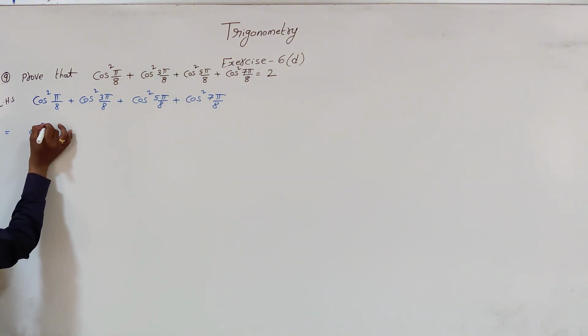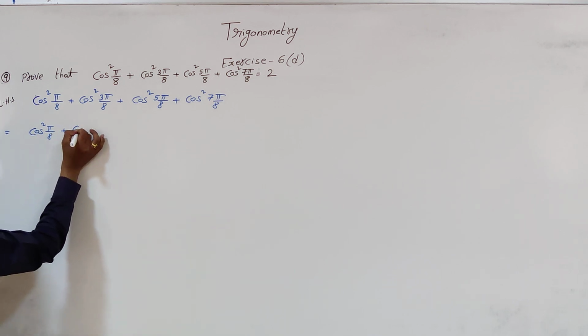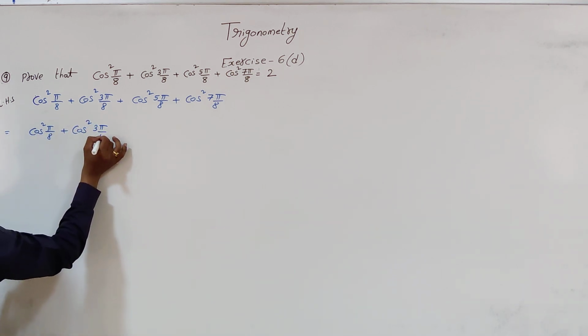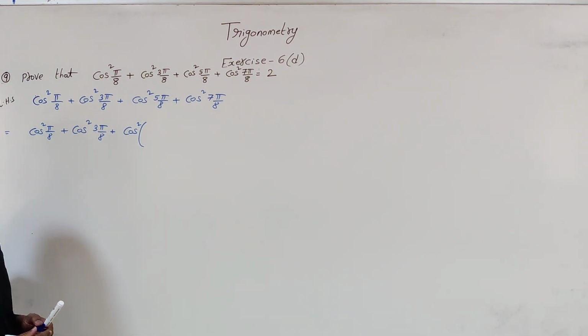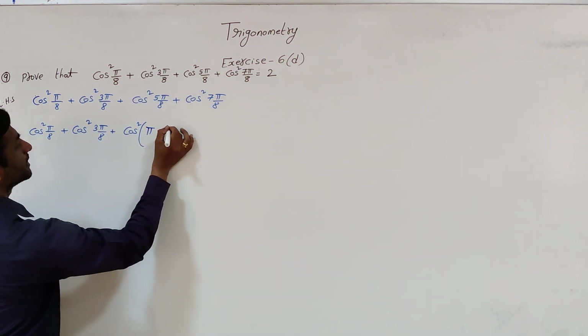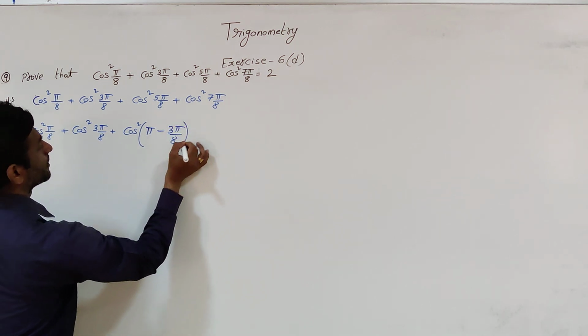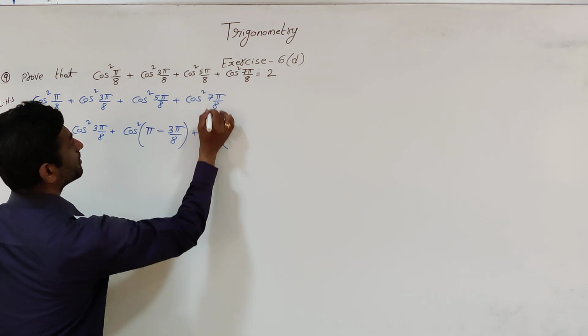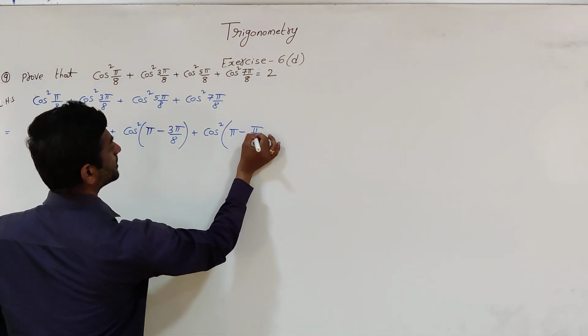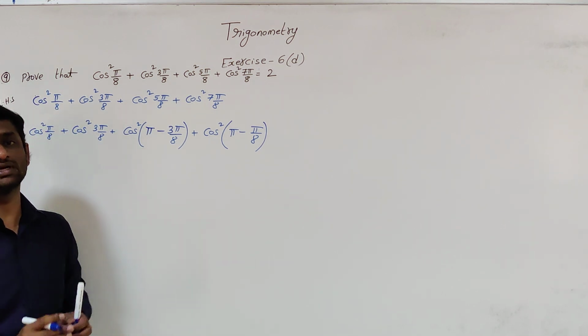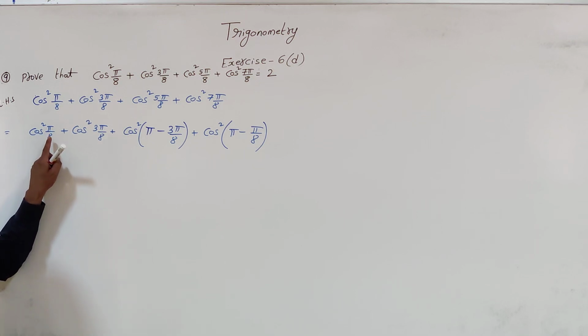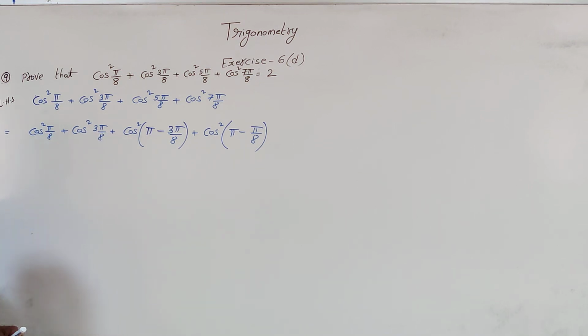So cos square pi by 8 plus cos square 3 pi by 8 plus cos square of 5 pi by 8, the supplementary other angle is 3 pi by 8, means 5 pi by 8 can be written as pi minus 3 pi by 8, plus cos square of 7 pi by 8, means pi minus pi by 8. Means the four different angles we are reduced to two different angles only, that is in terms of pi by 8 and 3 pi by 8. Instead of four angles, we are brought to two angles.